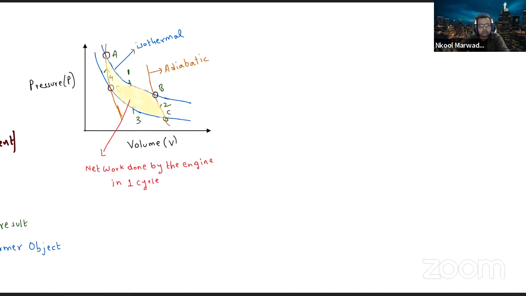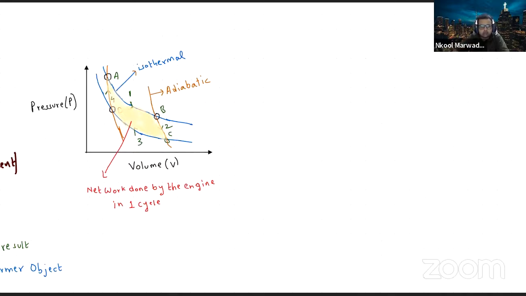Now we can do one more mathematical analysis. Total change in entropy around the cycle.